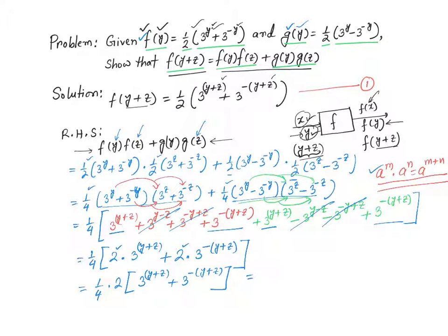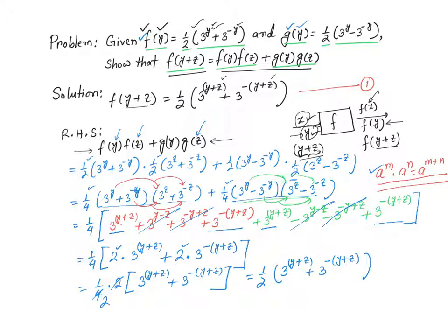And that is equal to, since 2 goes into 4 twice, 1/2 times 3 to the power y plus z plus 3 to the power negative y plus z.